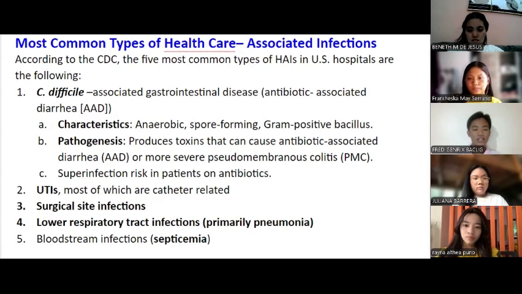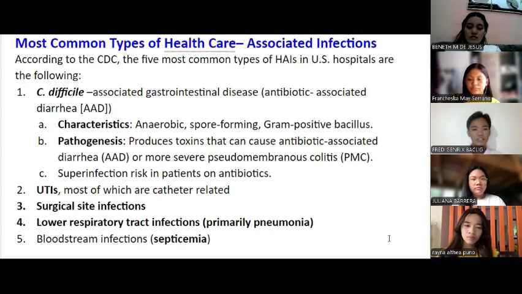For the surgical site infection, these occur at the sites of surgery after a procedure. So when bacteria enters our body during surgery, it enters through the incision, which leads to infection in our skin, tissues, and other deeper organs.